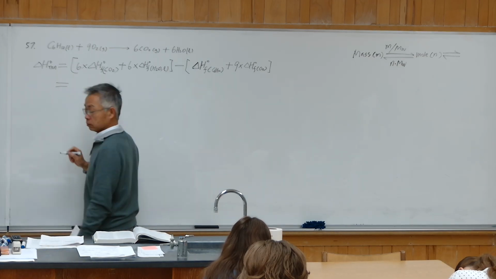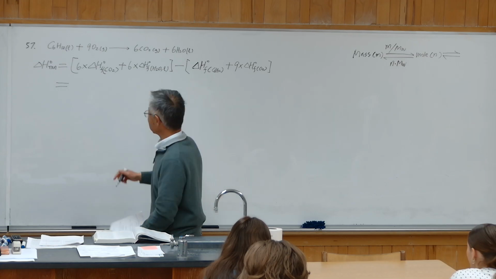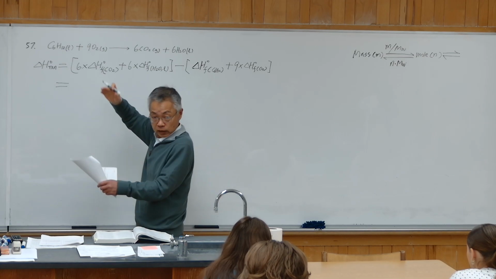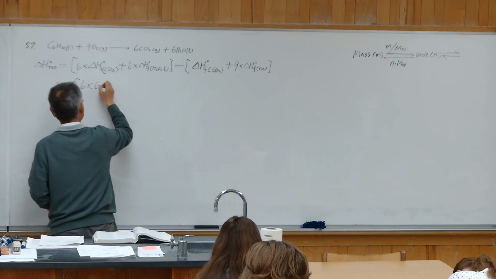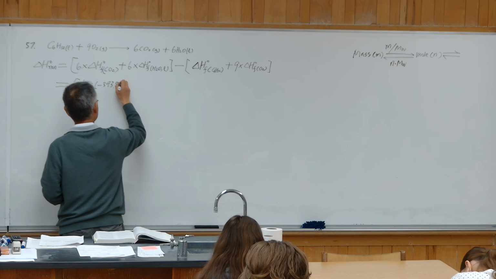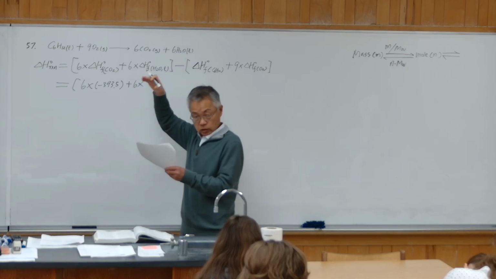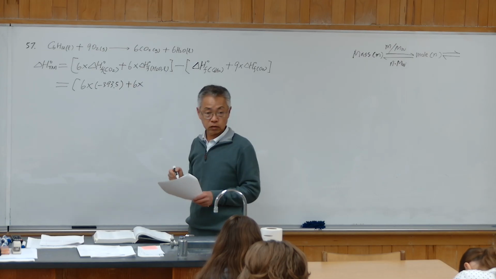Then plug in the numbers. Take a look at the table I provide. What is the standard entropy of formation for carbon dioxide? This is negative 393.5. Again, this is liquid water. The table lists gas water and liquid water, so you need to look carefully.